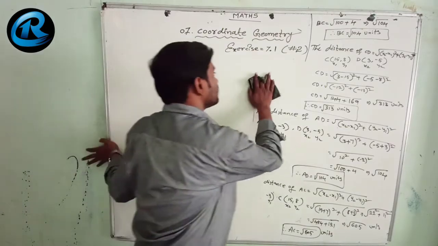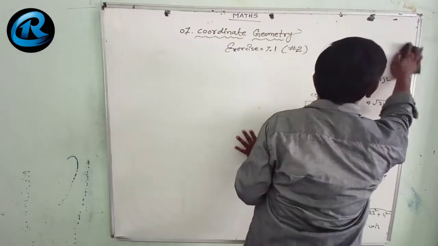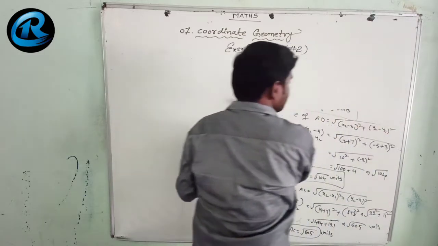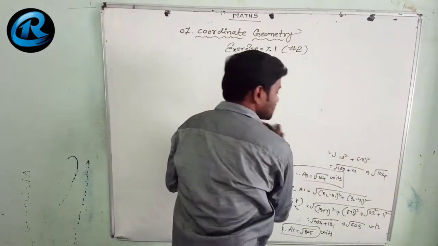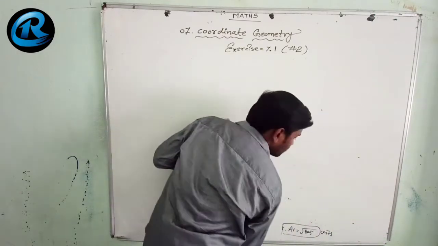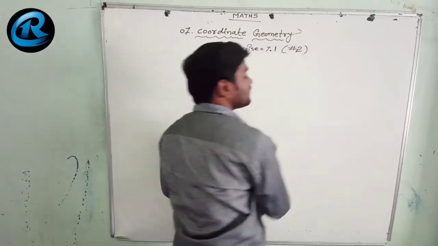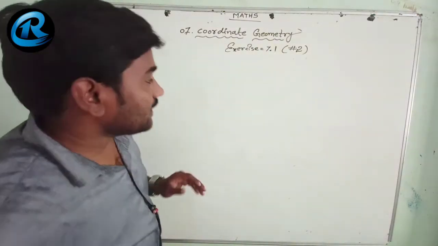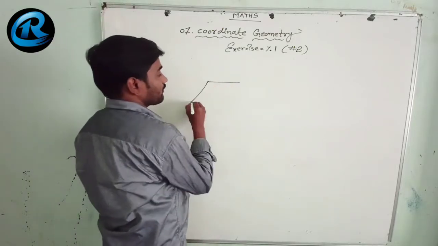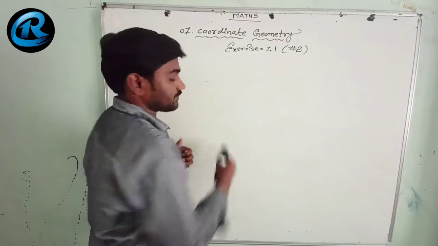So directly if you say the opposite sides are equal and it is a parallelogram, then it may be a problem. If you find out the distance 6 times and it shows that the diagonals are not equal and opposite sides are equal, then it is a parallelogram. In rectangle it is different. See, in a parallelogram, check. So here we have to remember these things.